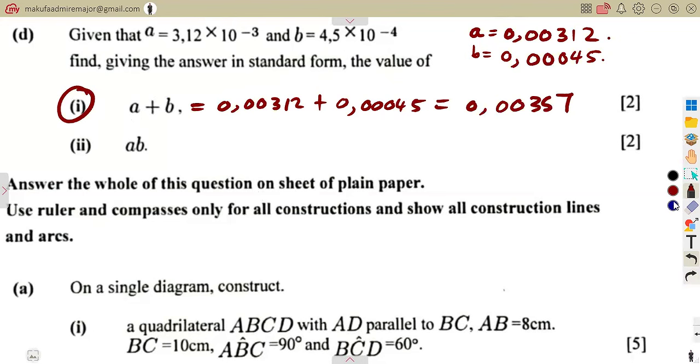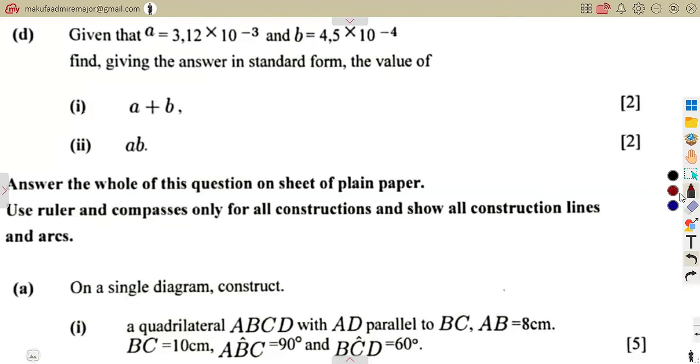Then you can convert this to standard form. That is 1, 2, 3. So this number was going to be 3,57 times 10 to the exponent of -3. Remember, you are using a 0 digit, so at the end, we are supposed to have a negative exponent. So that was going to be a -3 in that case.